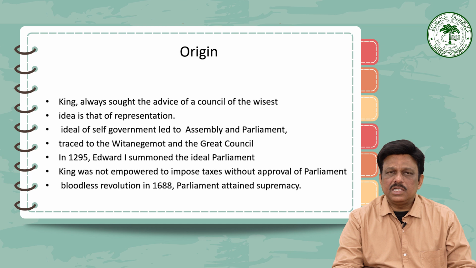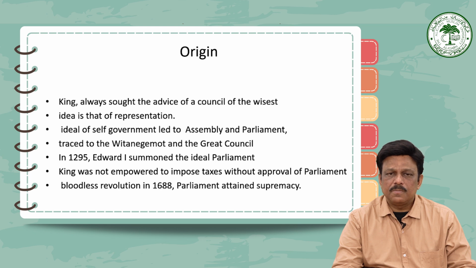They were not the representatives of the people in the sense in which today we understand the word representative. So it took 8 centuries to transform that parliament into a governing body resting on the suffrage of all adult persons in the country.